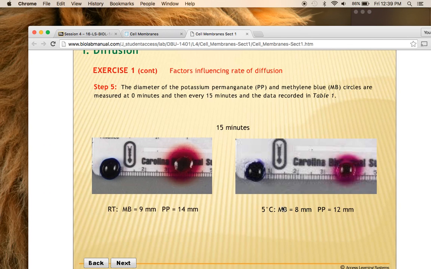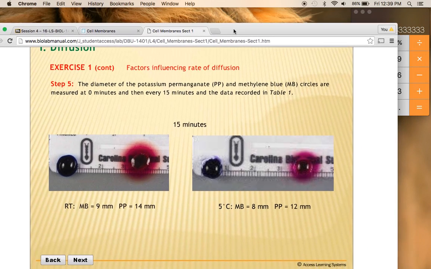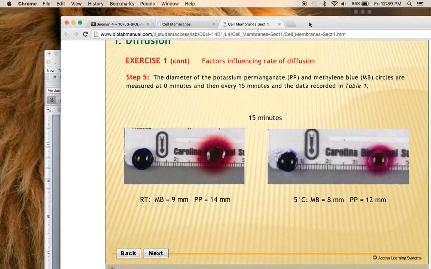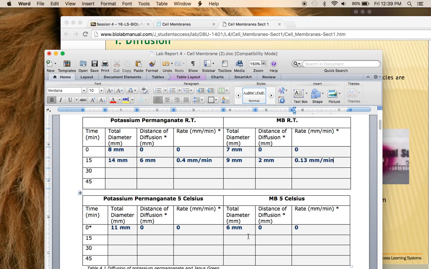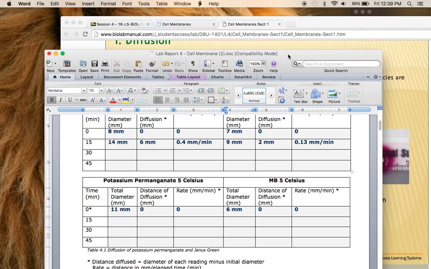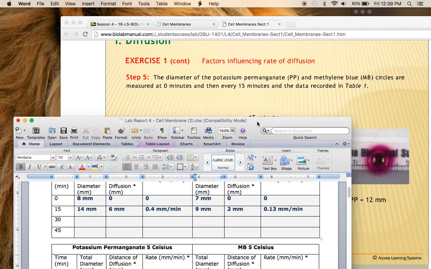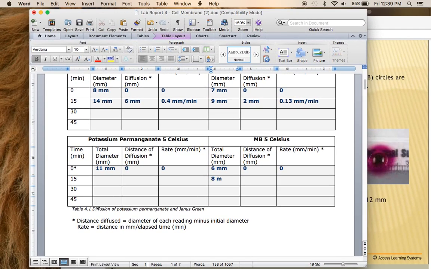Looking at the 5°C time, the methylene blue is at 8 millimeters and the potassium is at 12. So let's fill that in on our chart. So methylene blue, what did we just say? It was at 8? Yeah, 8 millimeters.